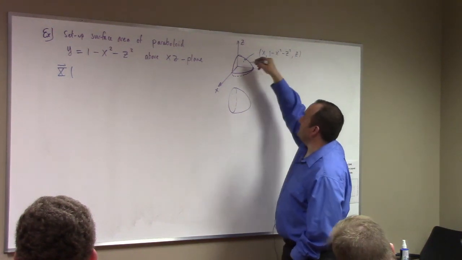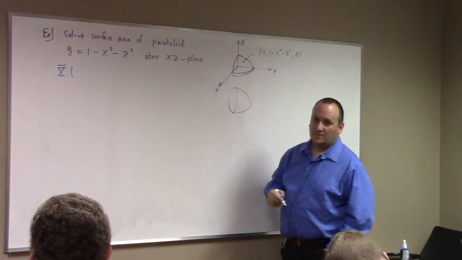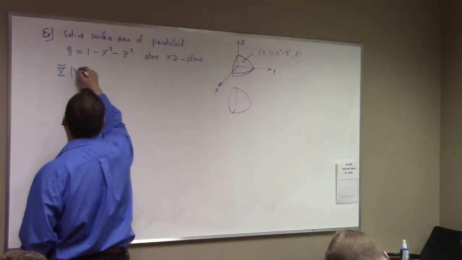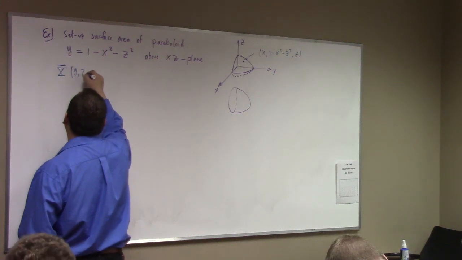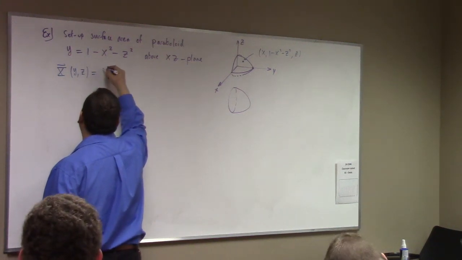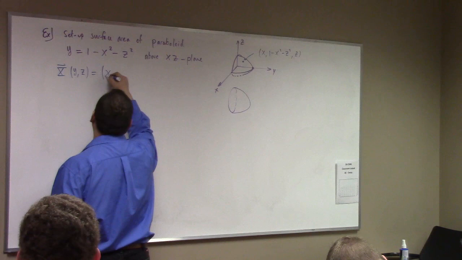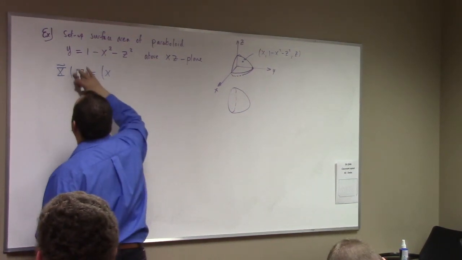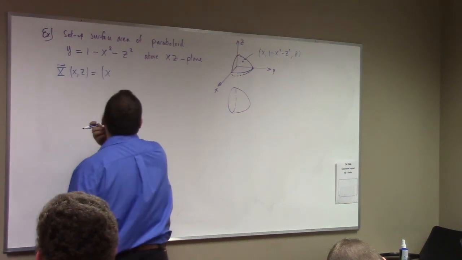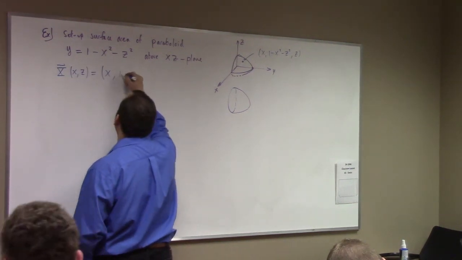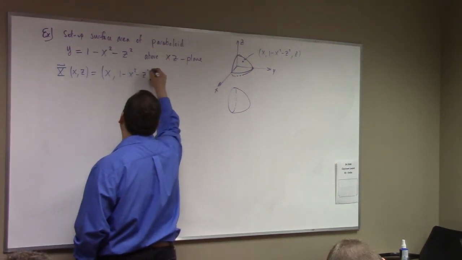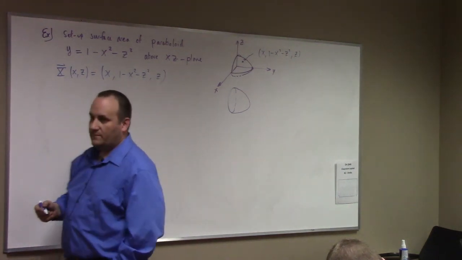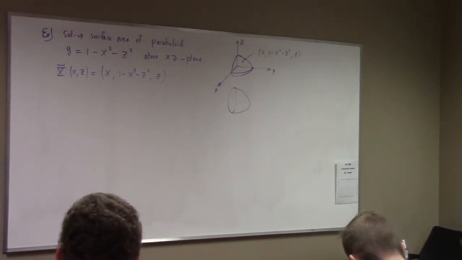That's a typical point on this surface. So let's use x and z. I've got x comma 1 minus x squared minus z squared, and z. There you go. First order of business, I've parameterized the surface.